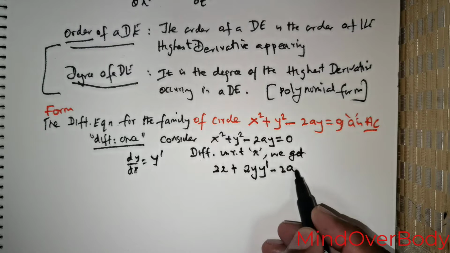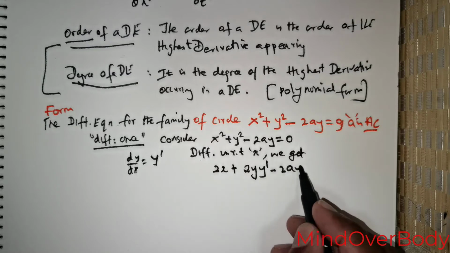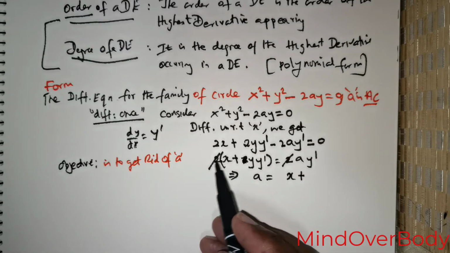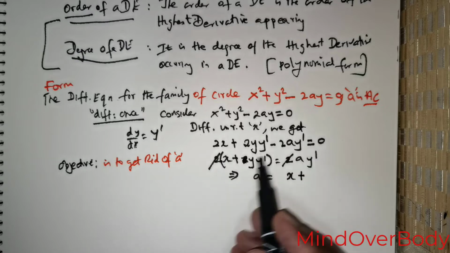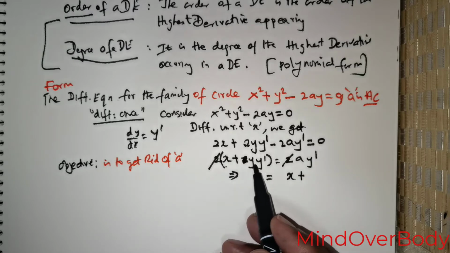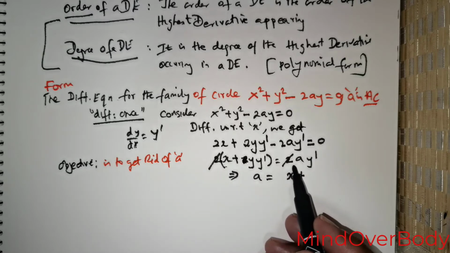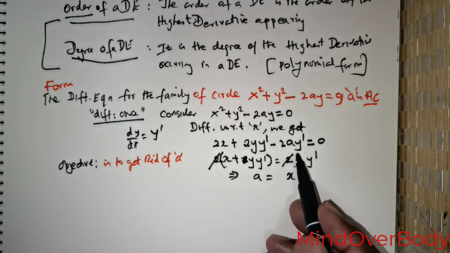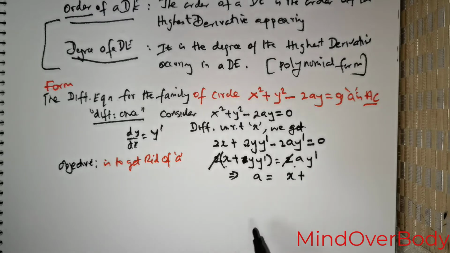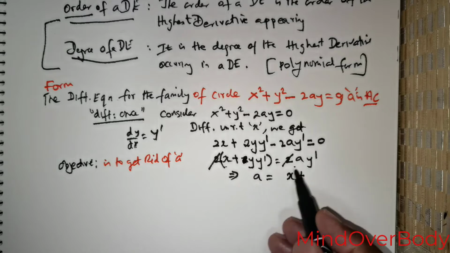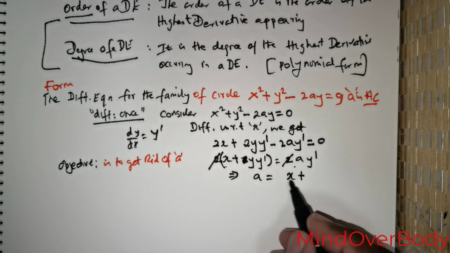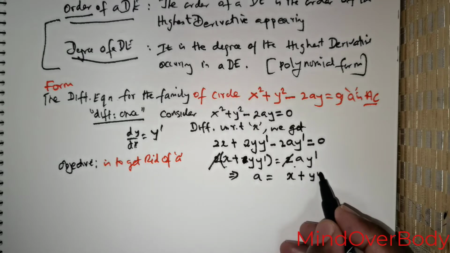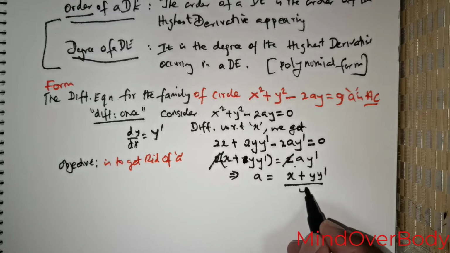Minus 2a is a constant, differentiating y, it will give me y dash. So we take 2 out and we rewrite the entire system as x plus y y dash is equal to a y dash. So the 2's can be cancelled, and then I would write a to be equal to x plus y y dash divided by y dash.